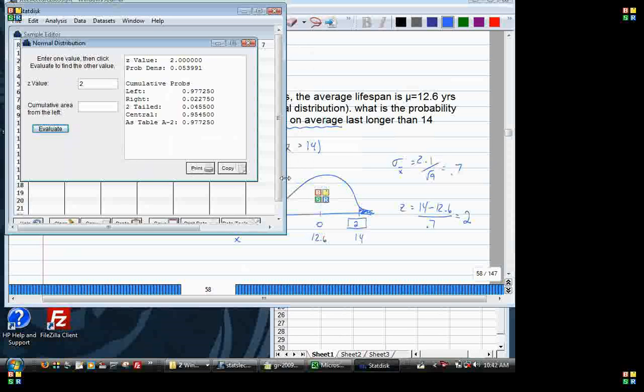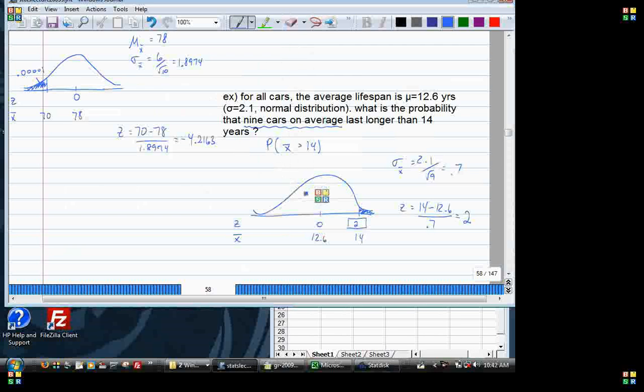So I'm just going to fill in everything. 0.977, I got to make a choice which way we're going to round. Okay, so I'll say it's 0.9772 and 0.0228. And what's our answer? 0.0228. That's our answer.